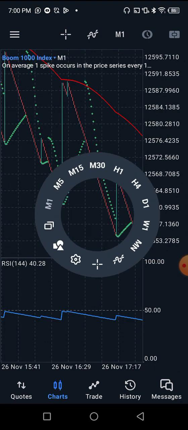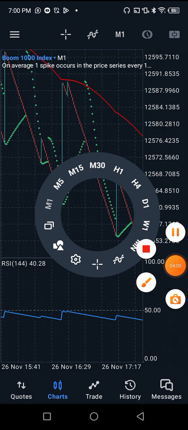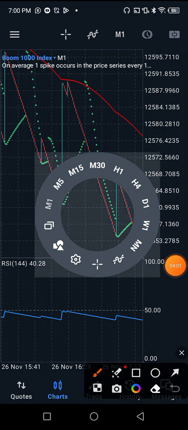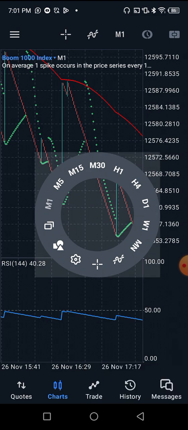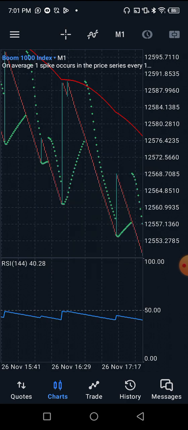You wait for your RSI indicator to touch the 50 level. When your RSI indicator touches the 50 level guys, the next thing you will wait for before you enter your trade is your parabolic. You wait for this parabolic to come outside guys.